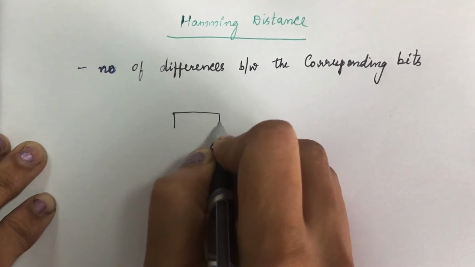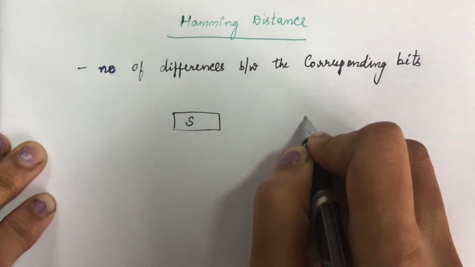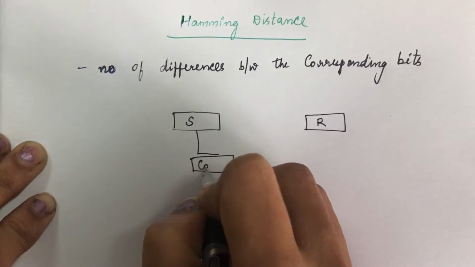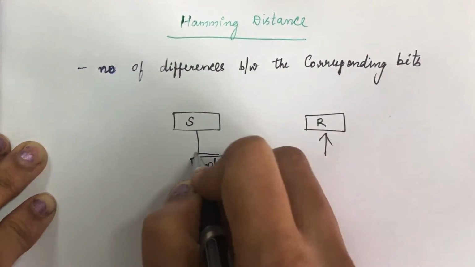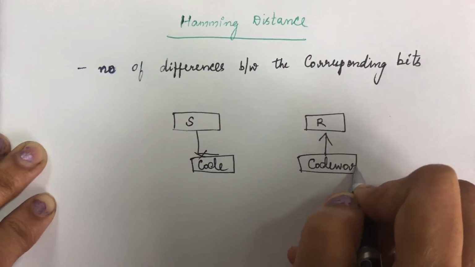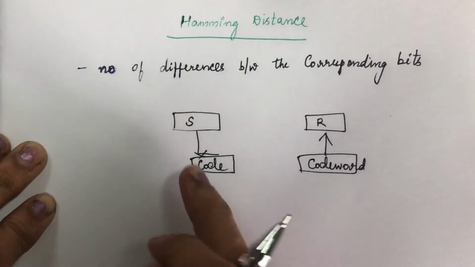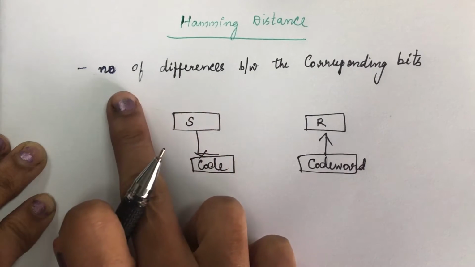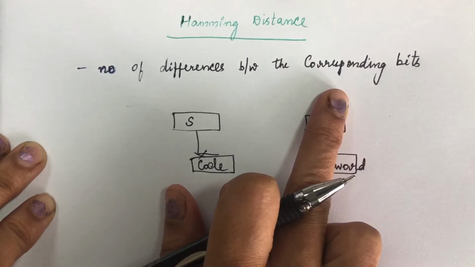For example, here is the sender and here you have the receiver. The sender is sending the code word, and the receiver is receiving this code word. Both the code words should be the same. For this we are going to use a concept called Hamming distance, which is the differences between the corresponding bits.